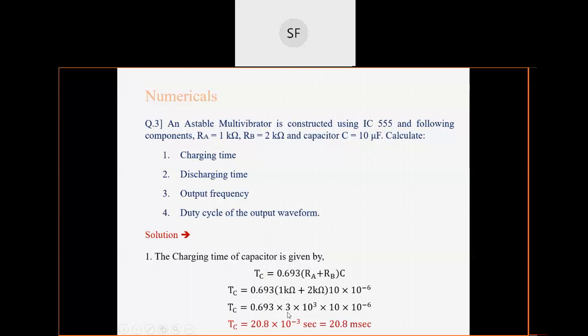Here you can observe that for 3 into kilo I took 10 to the power 3, and you have to just do the multiplication now and let me know whether this is correct or not.